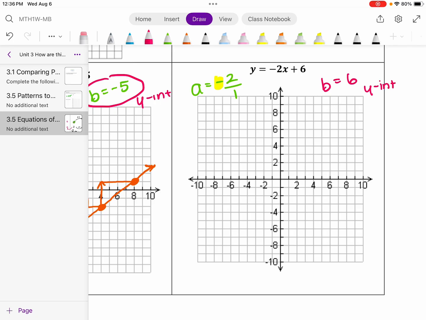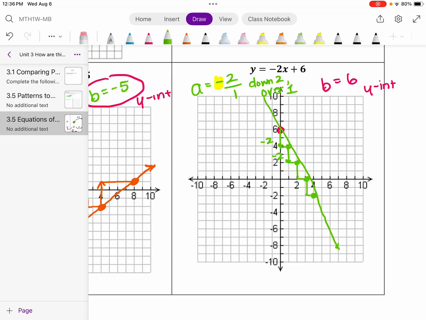So I'm going to plot that y-intercept first at 6, and then I'm going to apply that a value. I'm going to go down 2 over 1, down 2 over 1. And I'm just going to keep doing that until I have quite a few points to connect with my ruler.